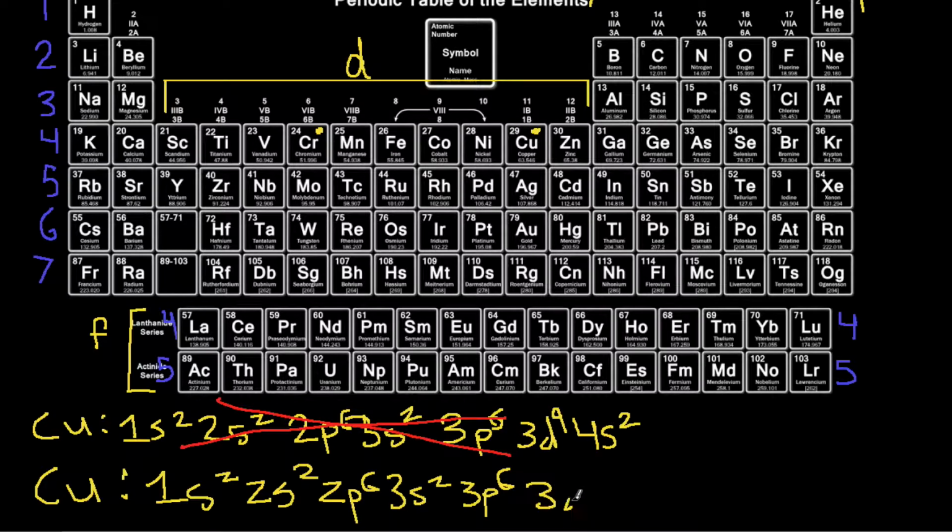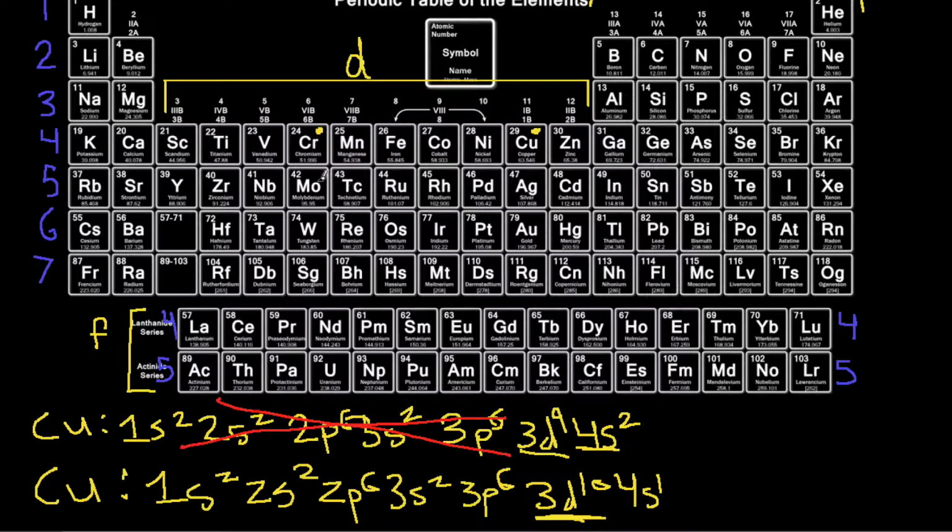So it's going to become 3d10, 4s1. Because it really prefers to have that 3d orbital filled out rather than having 3d9, because it's only one electron away from becoming a lot more stable. So instead it takes one of these electrons from the 4s2 and then it becomes 3d10.